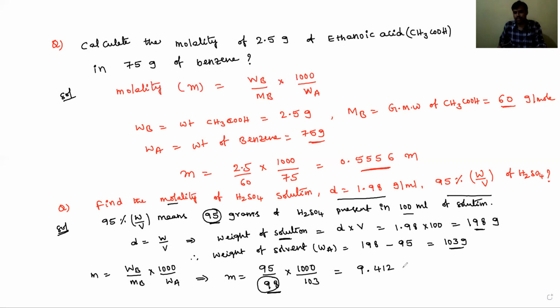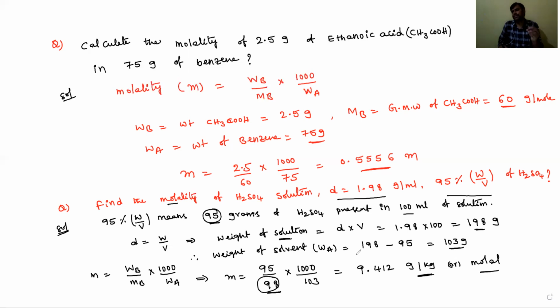9.412. The unit for molality is mol per kg, or molal. Students, these are the kinds of problems they ask in the molality concept. Sometimes they give the density of the solution and the molarity, and then we need to find the molality. I already discussed the molality and molarity relation.